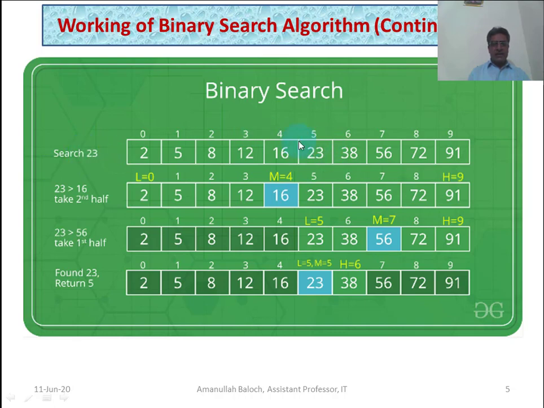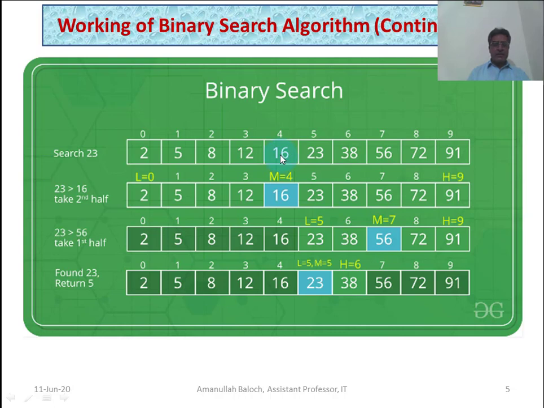23 exists here, but 0 plus 9 is equal to 9. 9 divided by 2 becomes 4.5, and the float function will return the value 4. The middle value is 4, m is equal to 4.